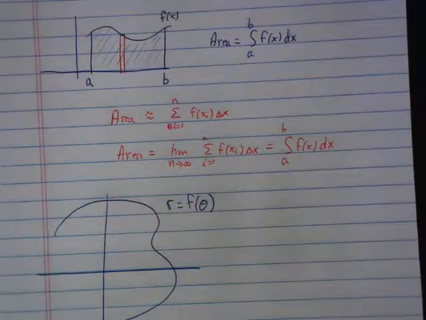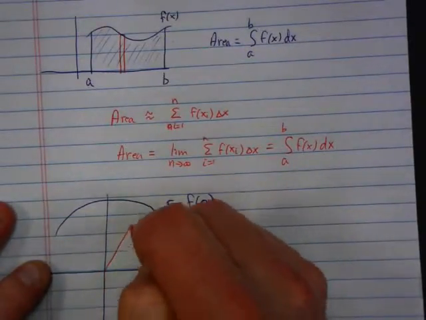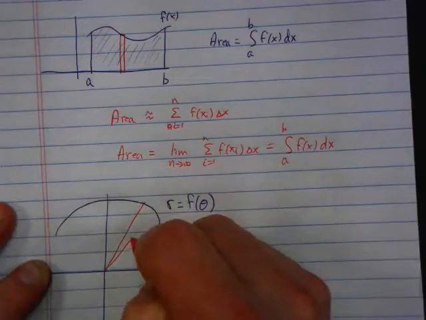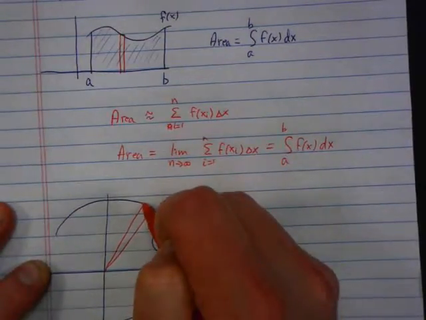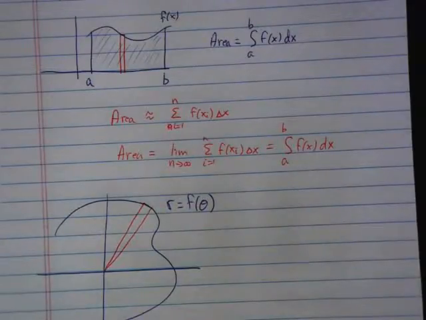Circles. Well, not quite circles, but you're on the right track. Instead of building a rectangle, we're going to build a teeny tiny little sector of a circle. We'll find the area of that sector, add up all the areas, and then take more and more of them, which means we'll eventually integrate.